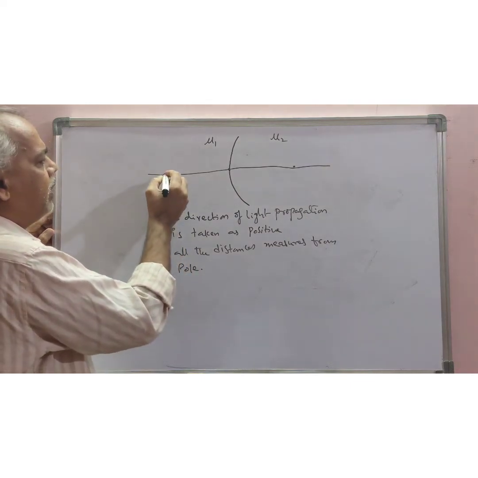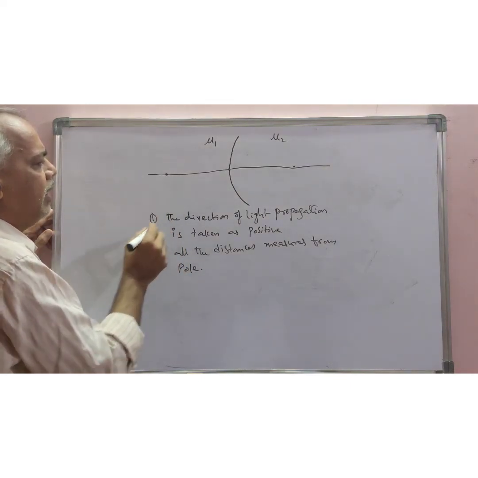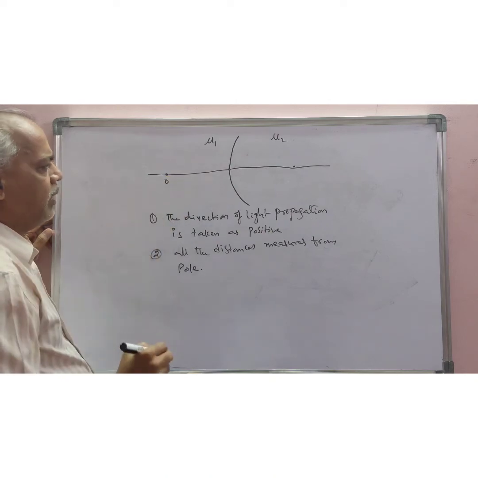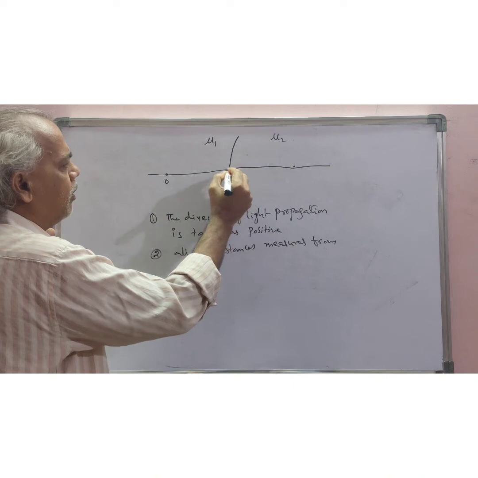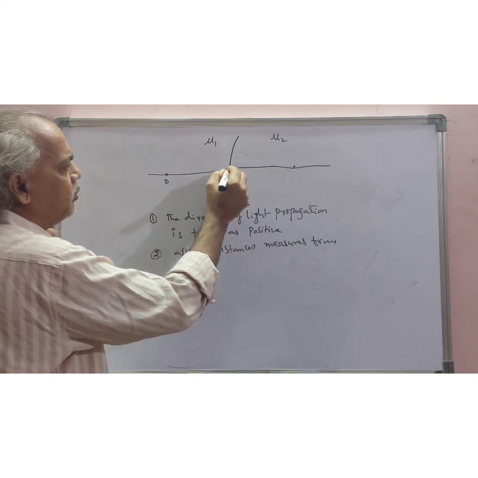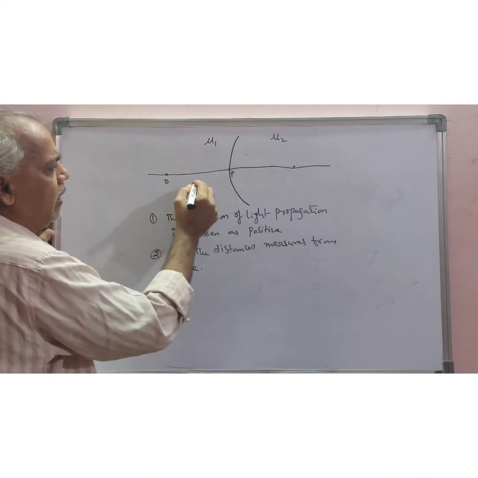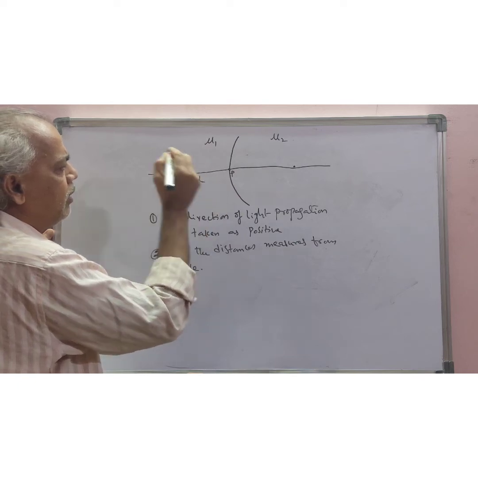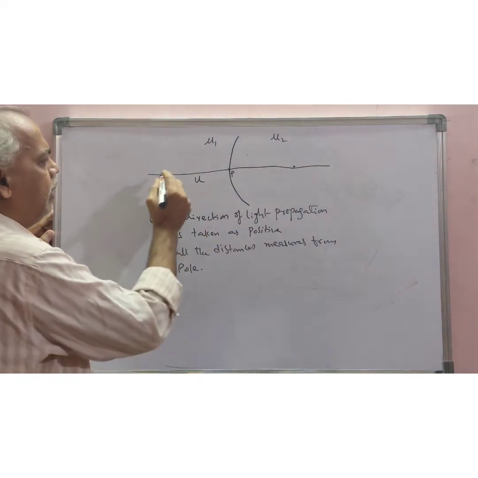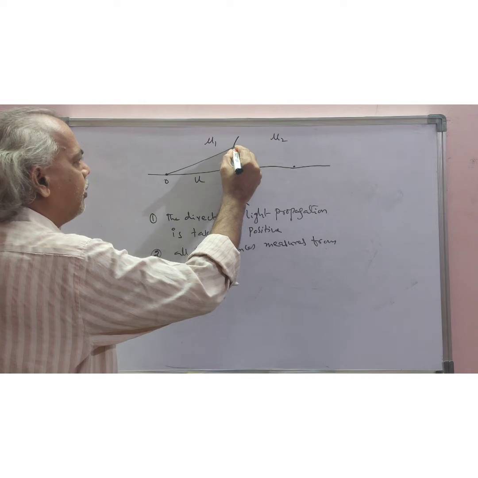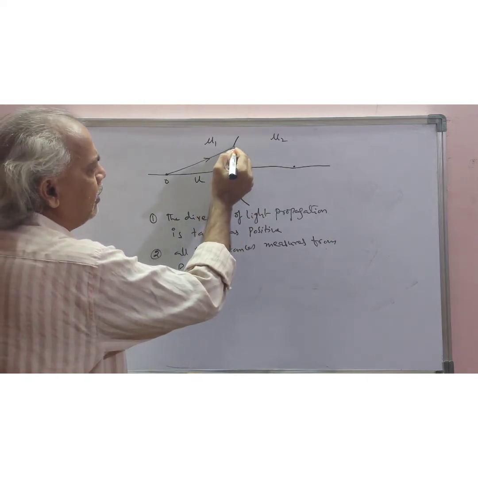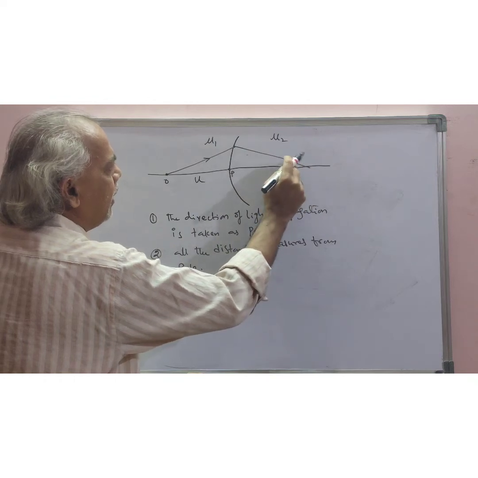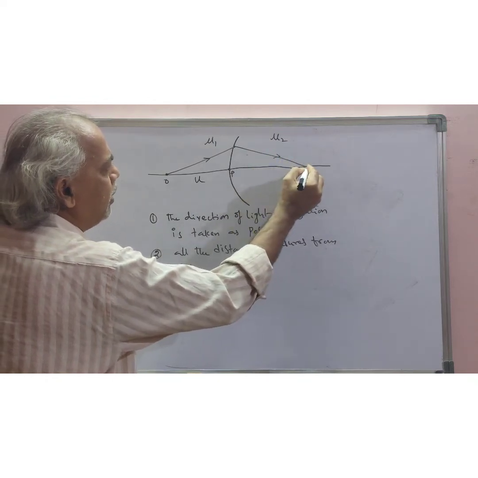A point object is placed on the principal axis, like here. The object, here it is the pole. The distance between the pole and the object is called the object distance, u, and the rays come like this and refract, and here an image forms on the principal axis.